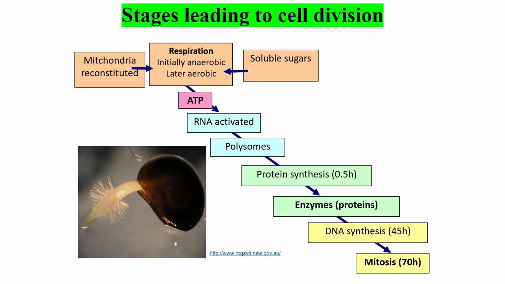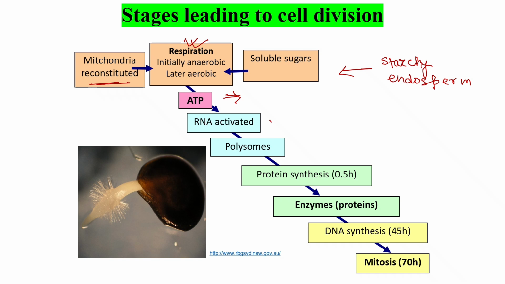Here are some stages leading to cell division. At first, the starchy endosperm is converted into simple sugars, and the mitochondria are reconstituted, producing respiration, and after respiration ATP is produced.